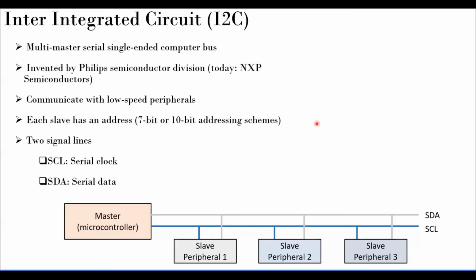Typically with I2C, people talk about 7-bit or 10-bit addressing schemes. Let's say it's 7-bit. Then I have 2 raised to 7 locations possible, that is 128 I2C slaves.